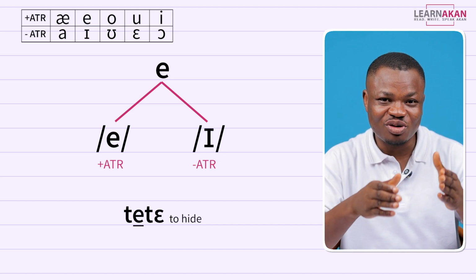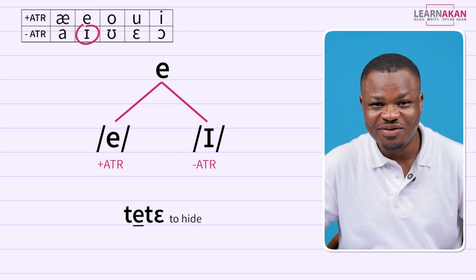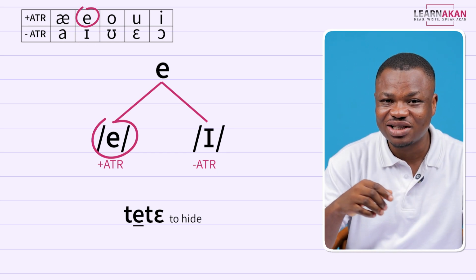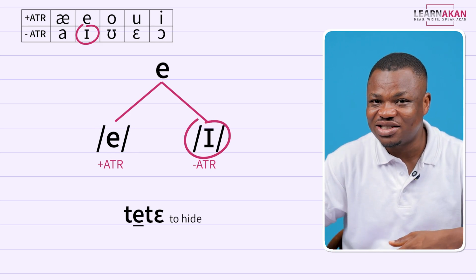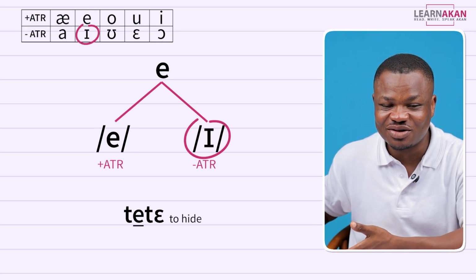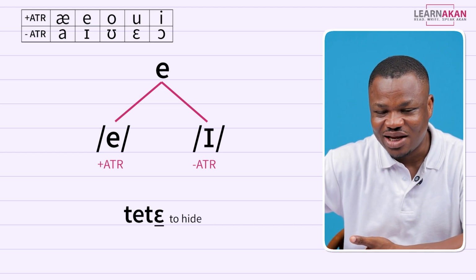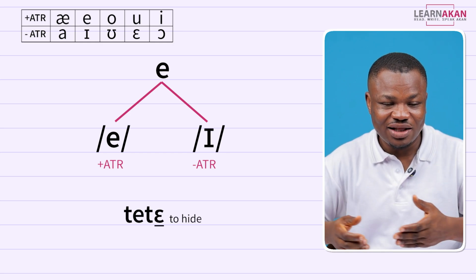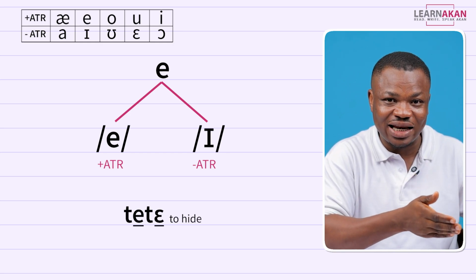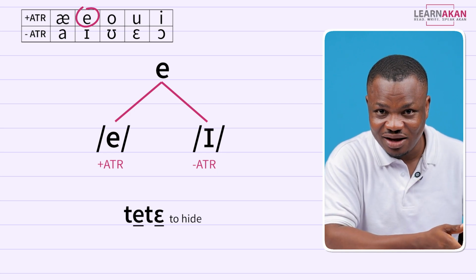And to know whether you should pronounce this as the regular E sound or as the other E, you know that the regular E sound is a plus ATR sound, and then we have the other E, which is the minus ATR sound. So you just have to look at the next vowel. If the next vowel belongs to the plus ATR set, then the vowel E will most likely be pronounced as the plus ATR version, okay?